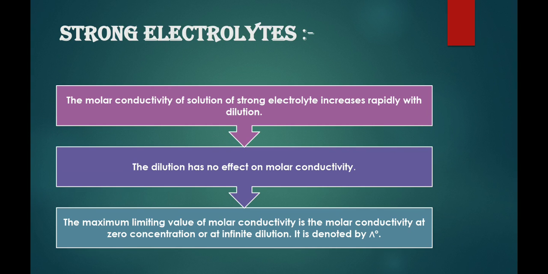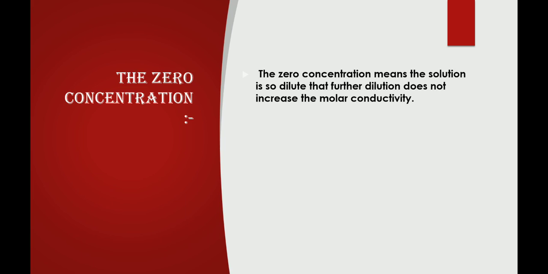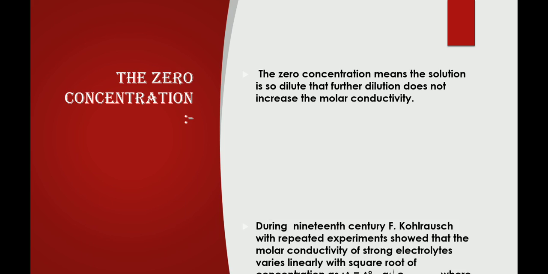It is denoted by capital lambda naught. What is the zero concentration? Actual zero concentration means the solution is so dilute that further dilution does not increase the molar conductivity. That dilution is called zero concentration, which is represented by capital lambda naught.